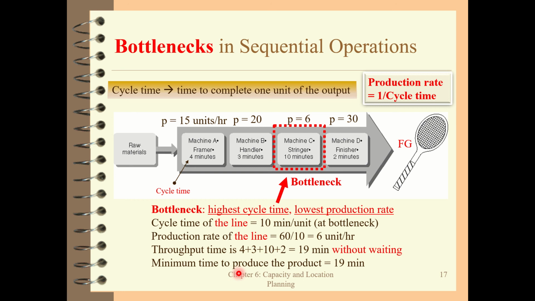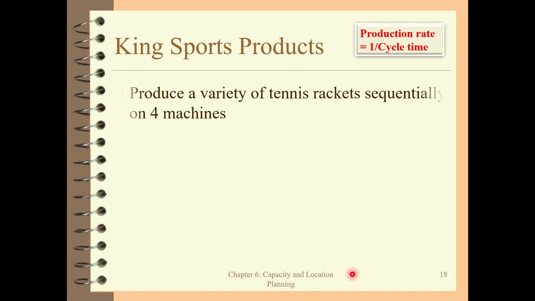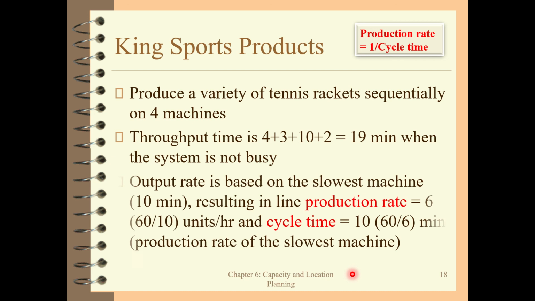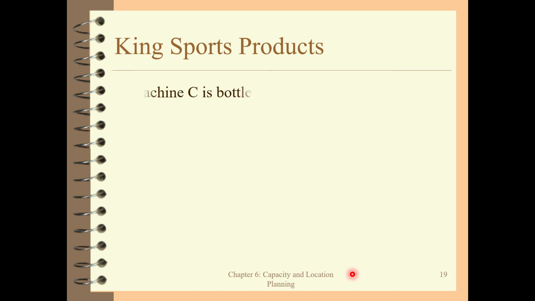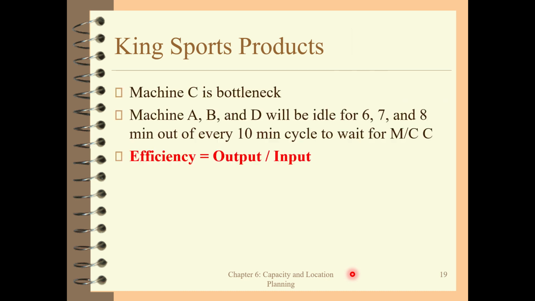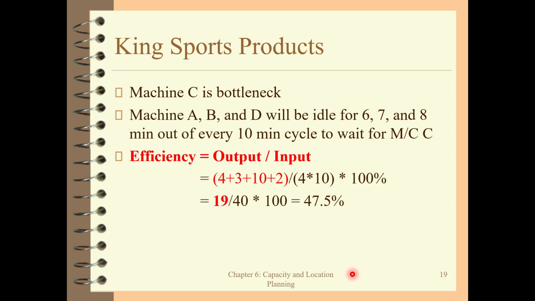Or minimum time to produce the product is 19 minutes. Okay, minimum lead time of the system according to the information that is given to you is 19. So here C is the bottleneck.